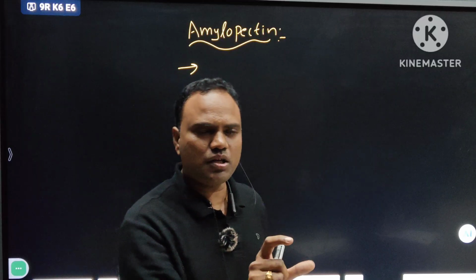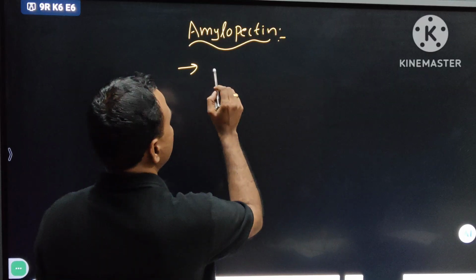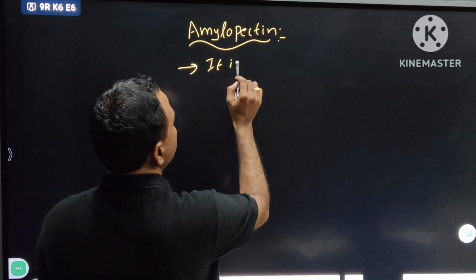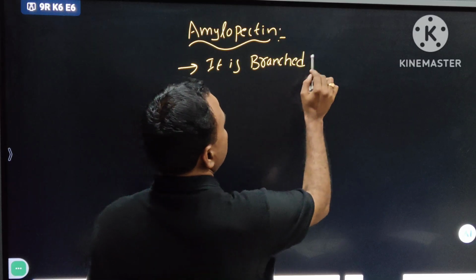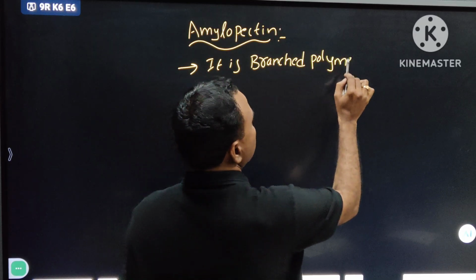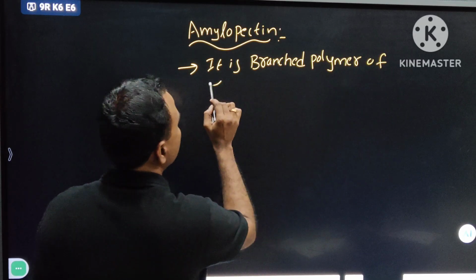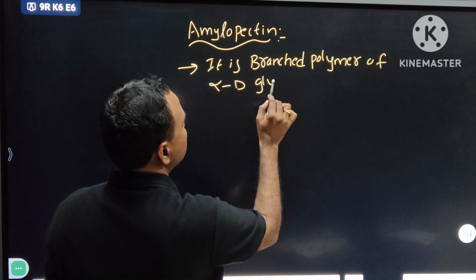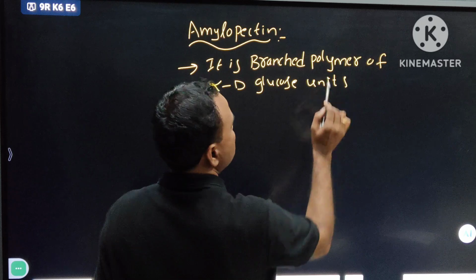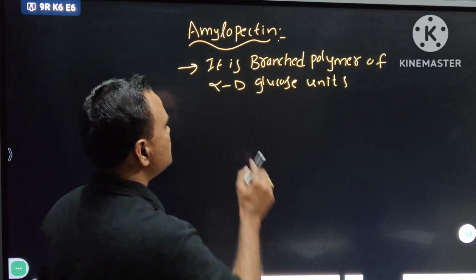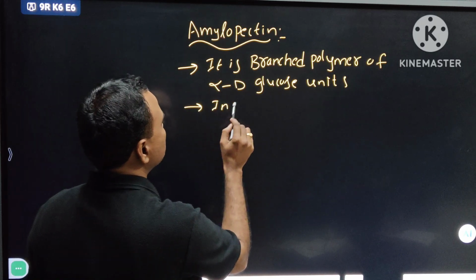Amylose is a linear unbranched polymer. This is a branched polymer. Very, very important. It is a branched polymer of alpha D glucose units.